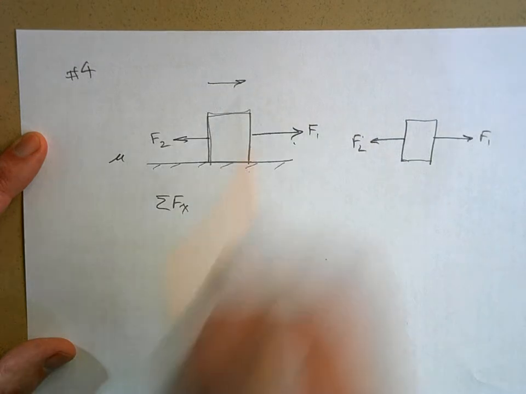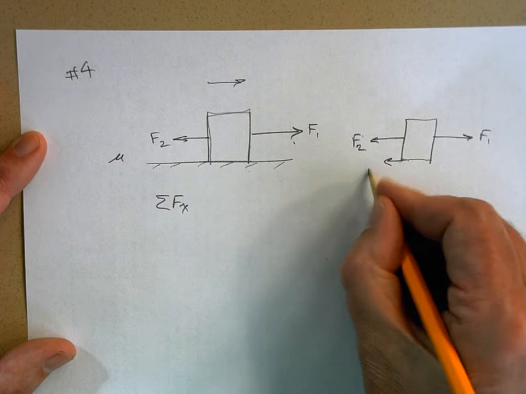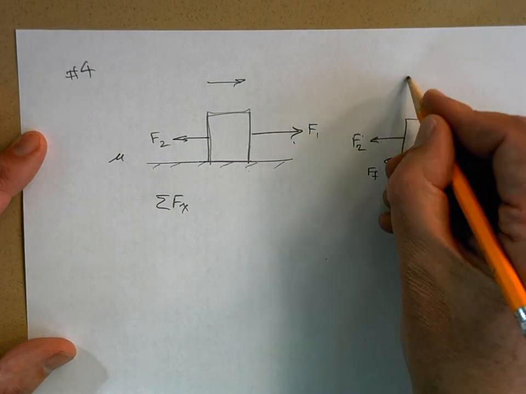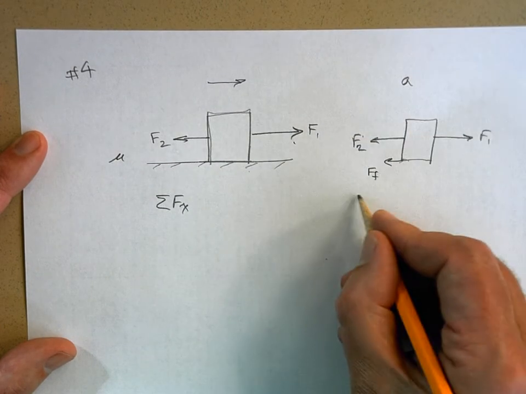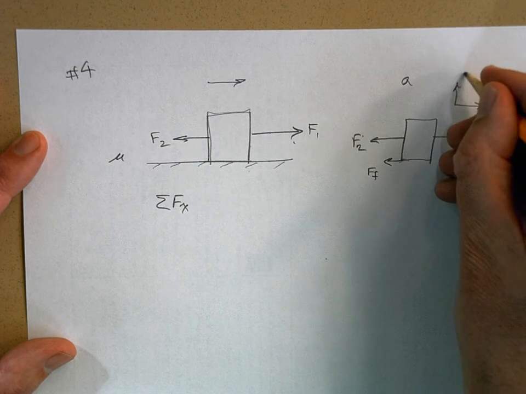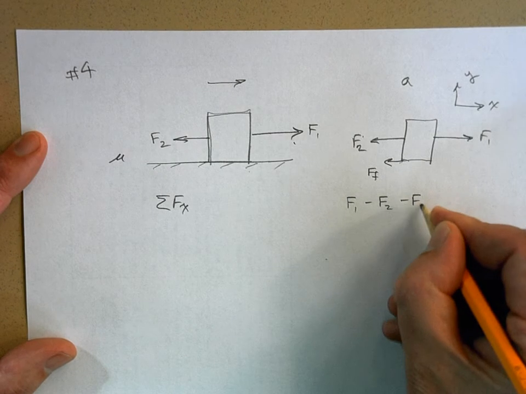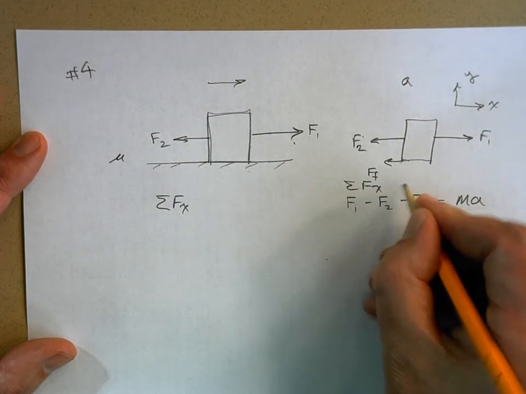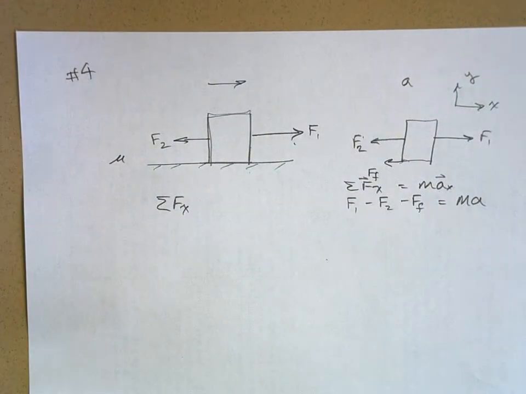That means you're going to have a force of friction. And let's say constant acceleration, let's say a. If you sum the forces, you call this the X and this the Y. So I get F1 minus F2 minus the force of friction equals ma. That's if I sum the forces in the X direction, I get ma in the X direction. So you just work the problem that way.